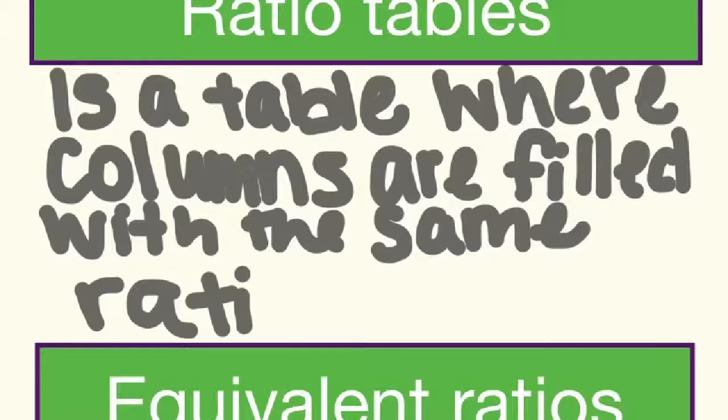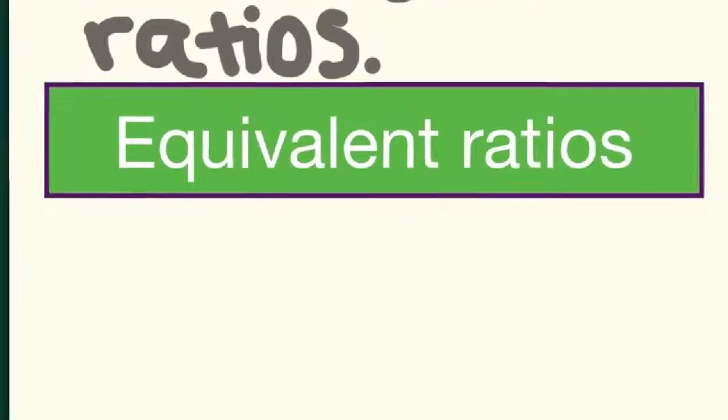Okay, and remember that ratios have to share a common unit or label. We will get into some examples of those in a second, but I just wanted to give you guys a definition of what that is.